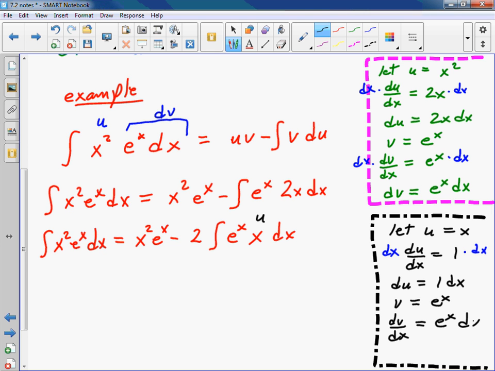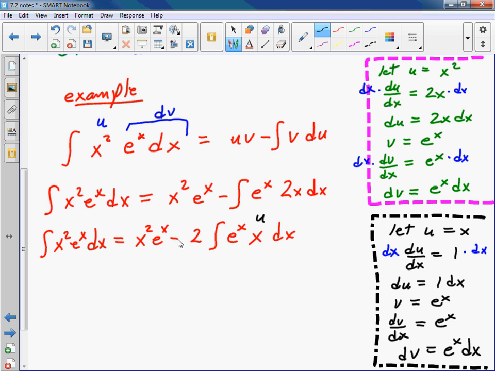Oh, I'm sorry, I jumped ahead, skipping a step. And so then multiplying by dx both sides, I get dv equals e to the x dx. And again, I'm getting dv to fill in this spot right here. I got du to fill in this spot right here. I have my v and I have my u.